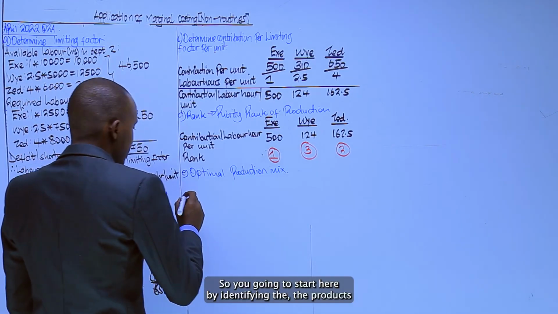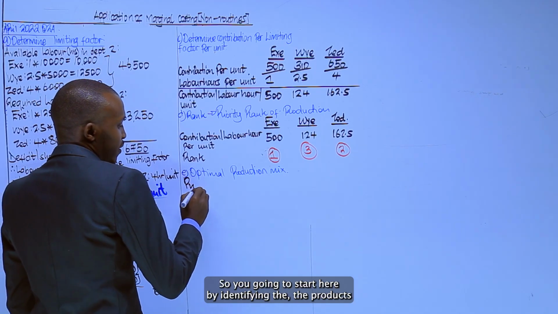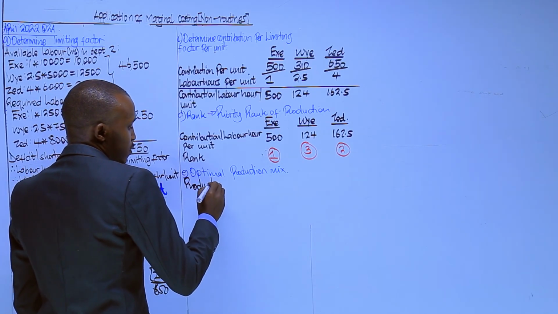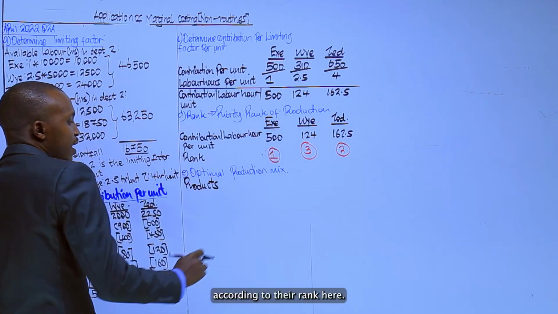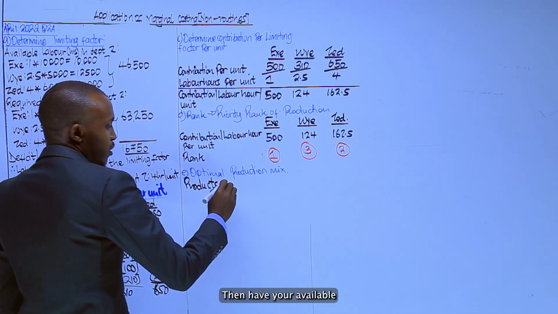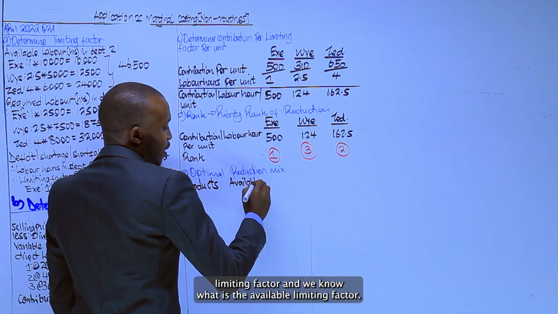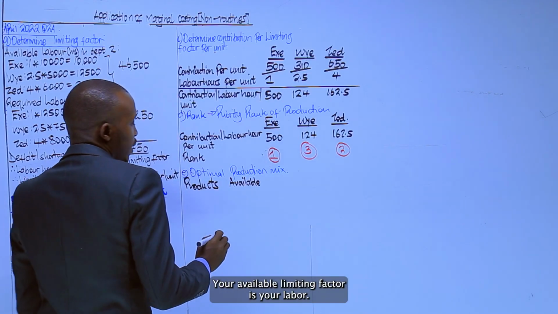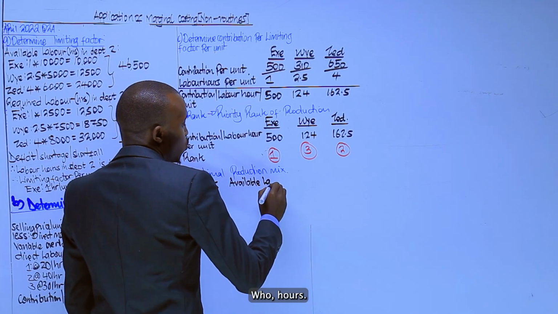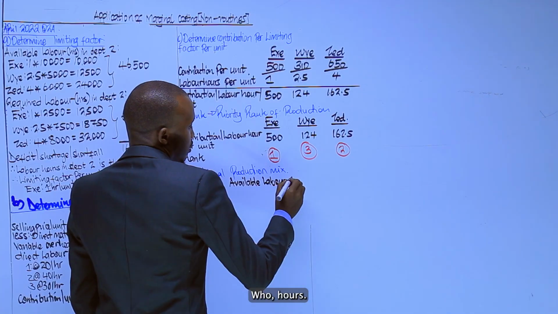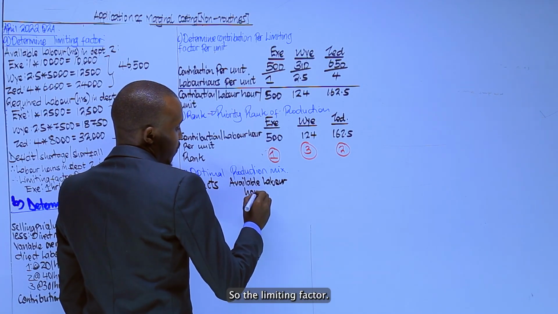So you're going to start here by identifying the products according to the rank here. Then have your available limiting factor, and we know what our available limiting factor is. Your available limiting factor is your labor hours.